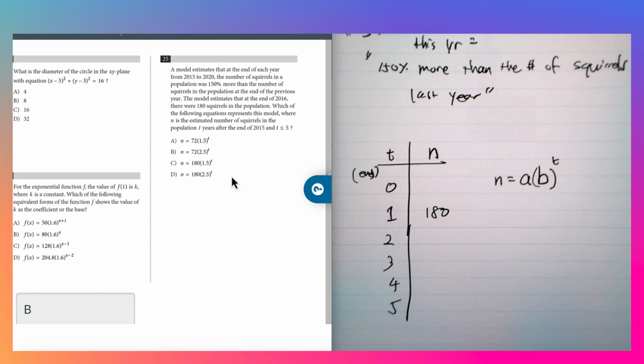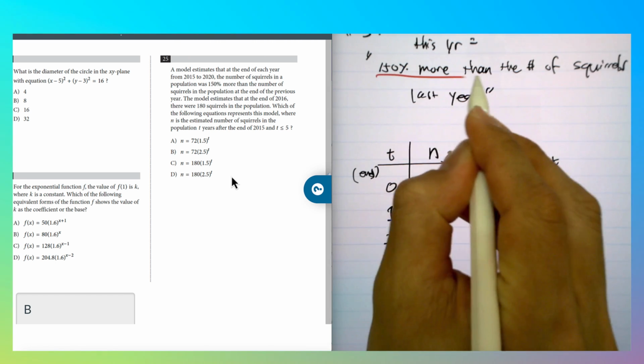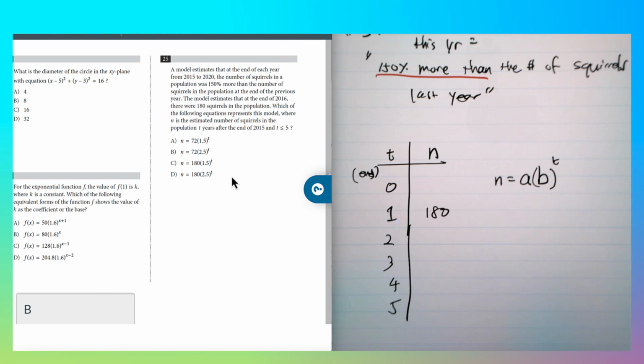Now here's the tricky part. The moment most people see 150% more, they might think, oh, I just have to multiply, or I just have to replace b with 1.5. Now that's wrong. Let's rewind. If I say 100% more, it doesn't mean it's the same as the original. The fact that you mentioned more means it has to increase.